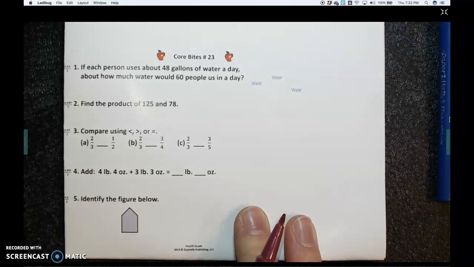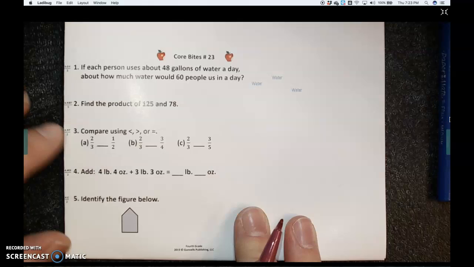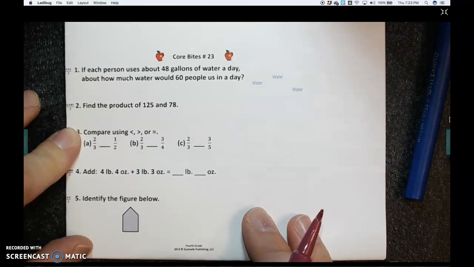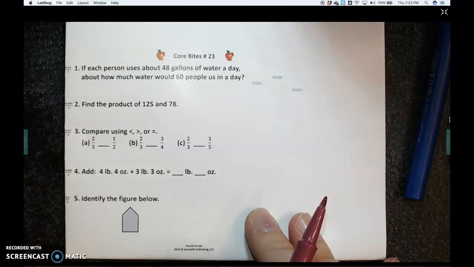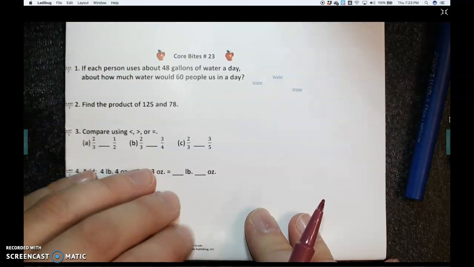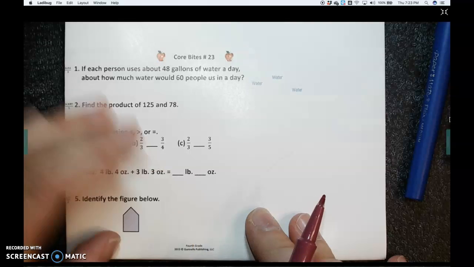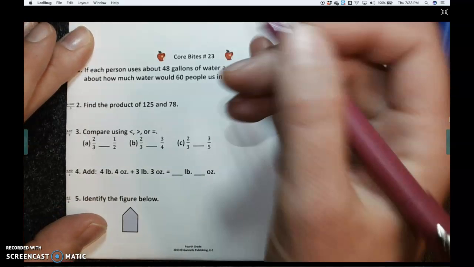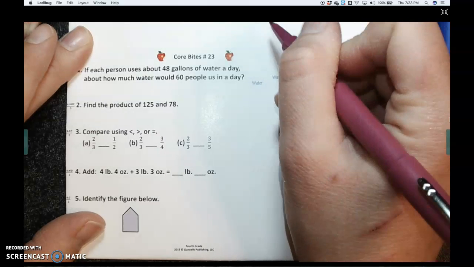Number 1 says, if each person uses about 48 gallons of water, about how much water would 60 people use in a day? Okay, so if you've got your estimations in your head, we've been doing that a lot lately. So if you take 48 and you round it up, you would actually get 50.